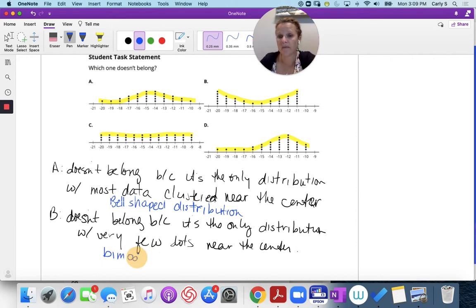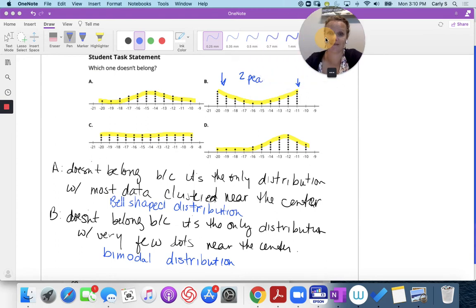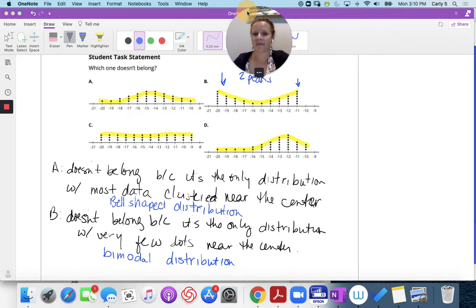So when we say bimodal, that means we have a peak over here and a peak over there. Okay, two peaks, bimodal distribution.